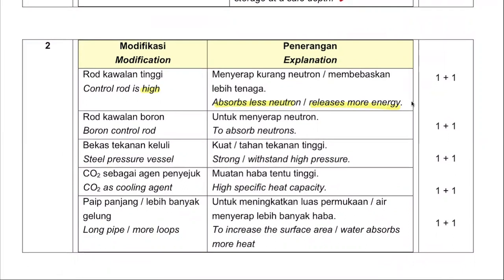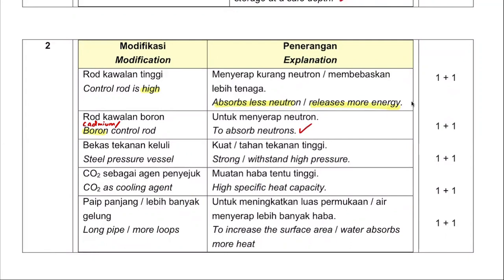Then the type of control rod, it is made from boron. So it's either boron or cadmium. You can also write down here, it can also use cadmium. This is to absorb neutrons.